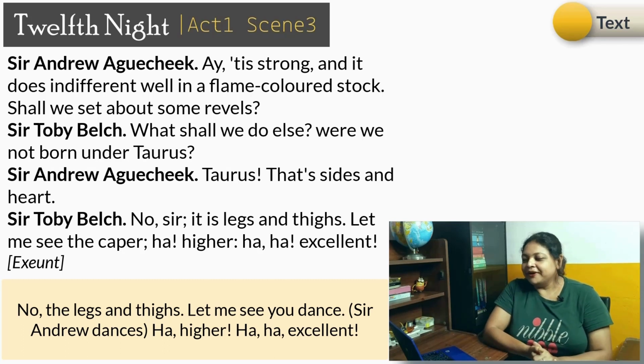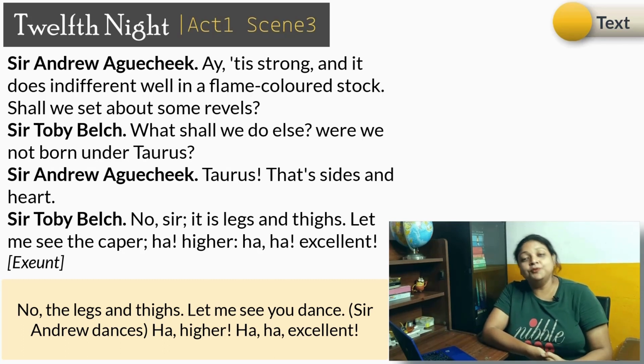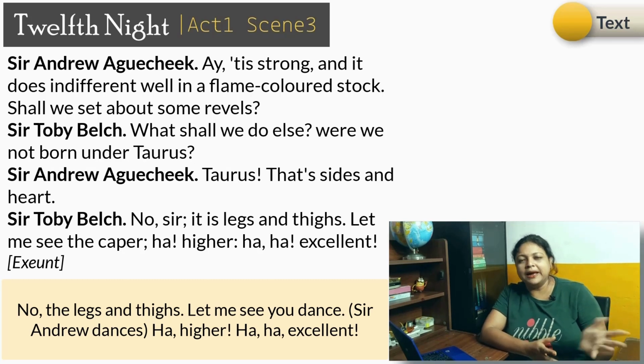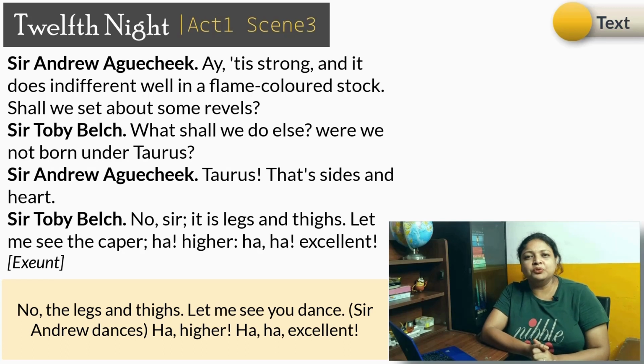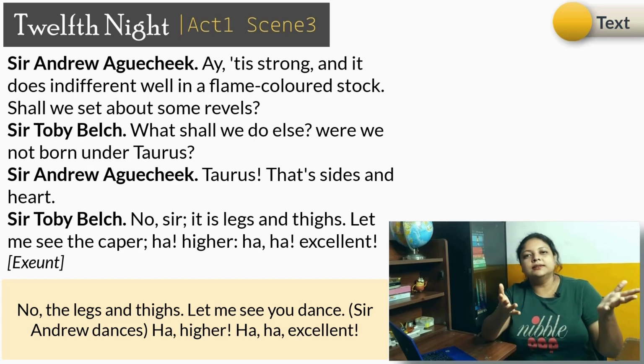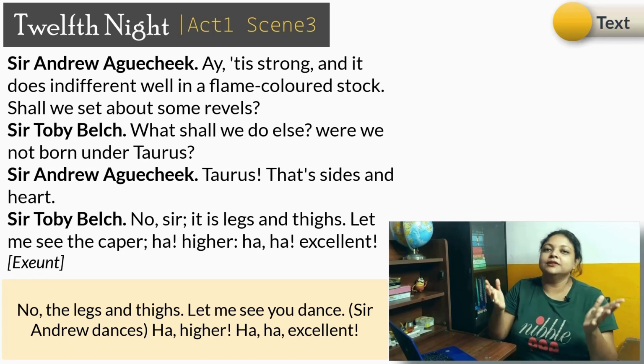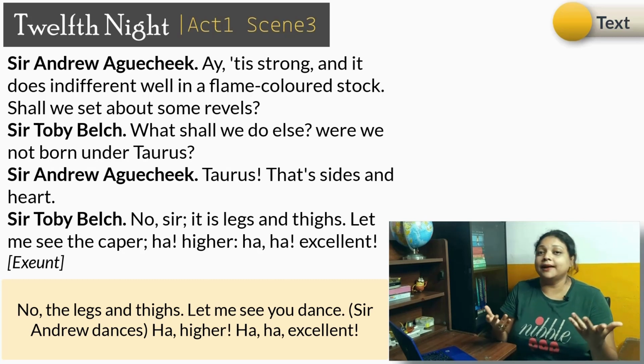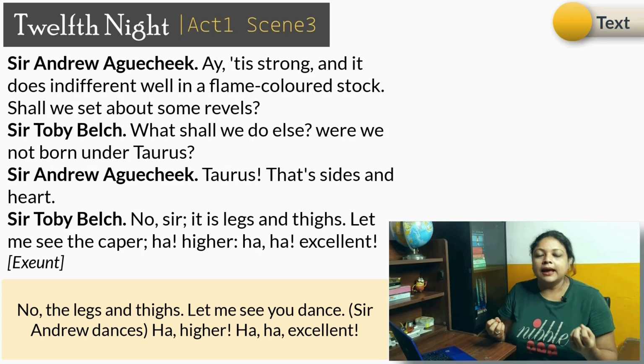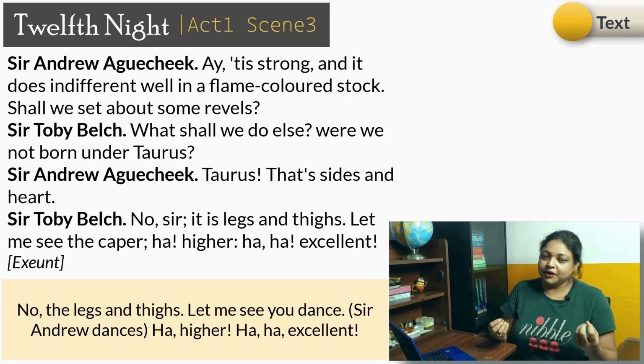Let me see the caper. And then Toby wants Andrew to dance. Andrew, who was so sad a few minutes back, willing to go away, suddenly starts dancing because Toby has flattered him so much. So we understand that Andrew doesn't have a very strong personality and he's easily influenced by people around him.